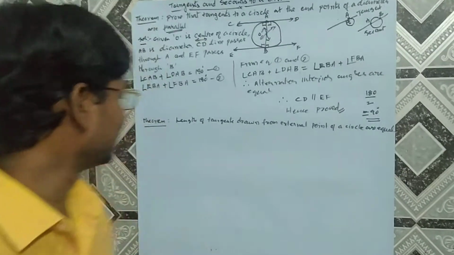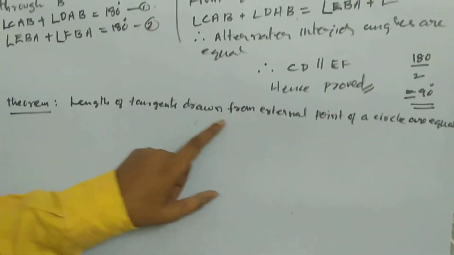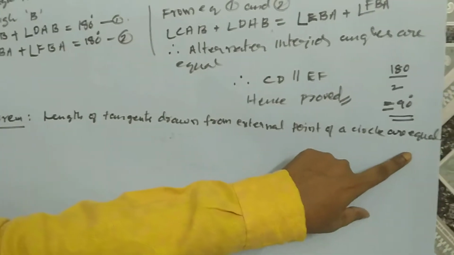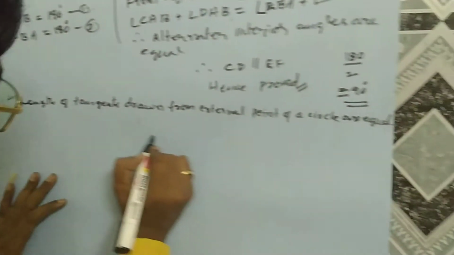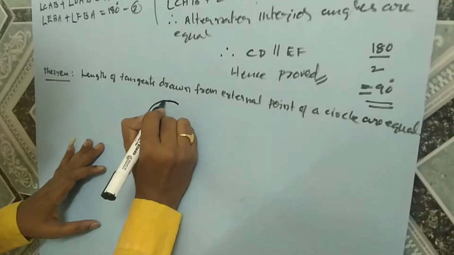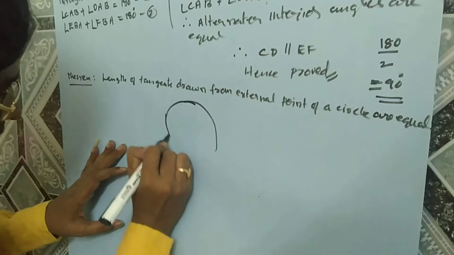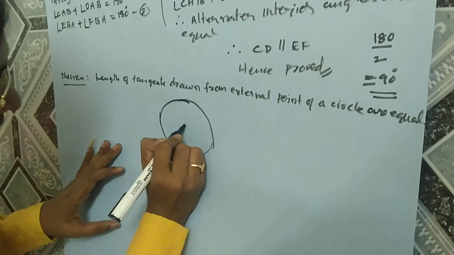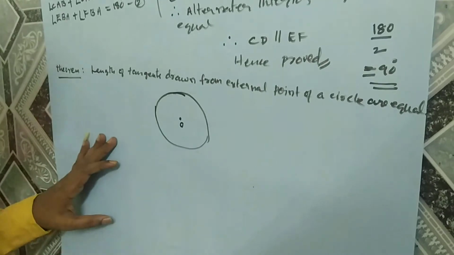Next theorem: the lengths of tangents drawn from an external point to a circle are equal. We are drawing a circle. O is the center of the circle.